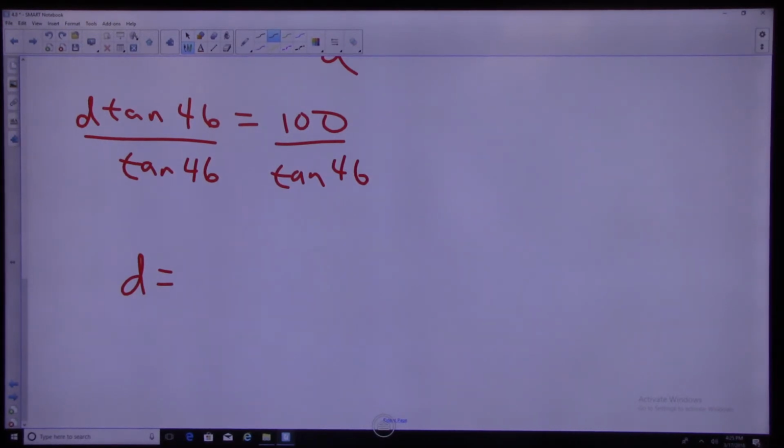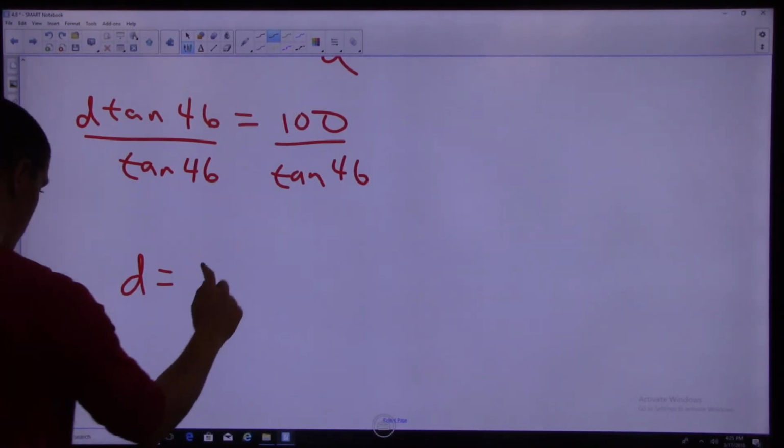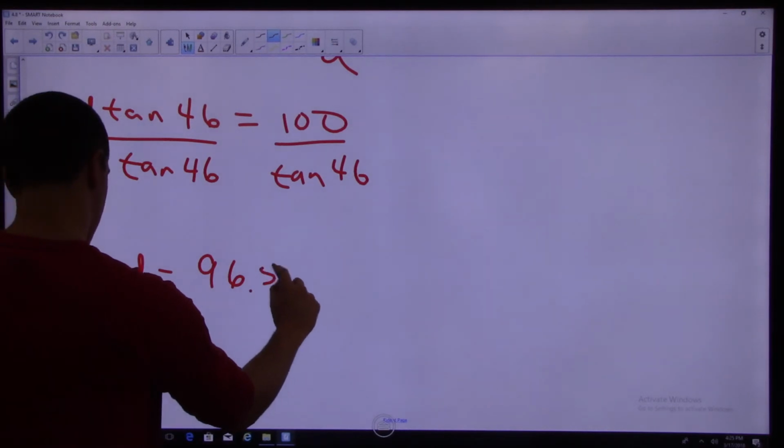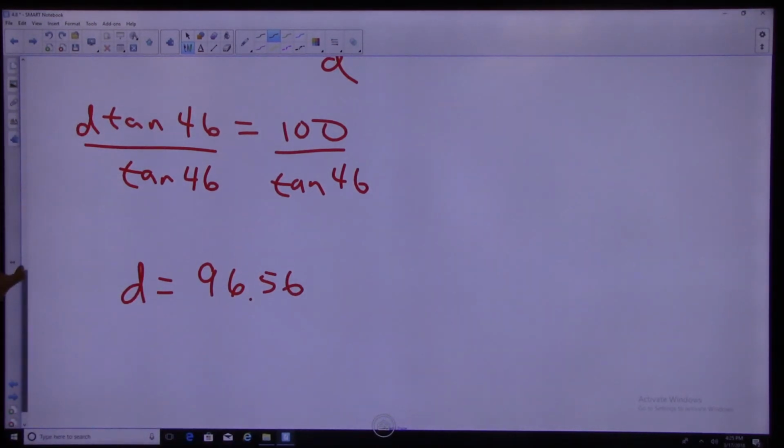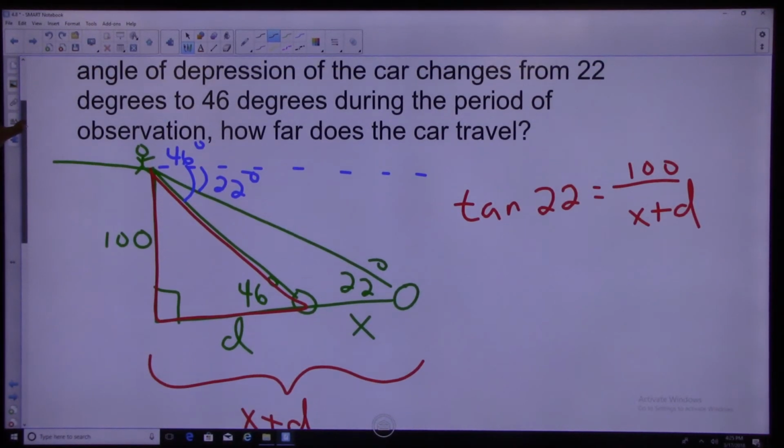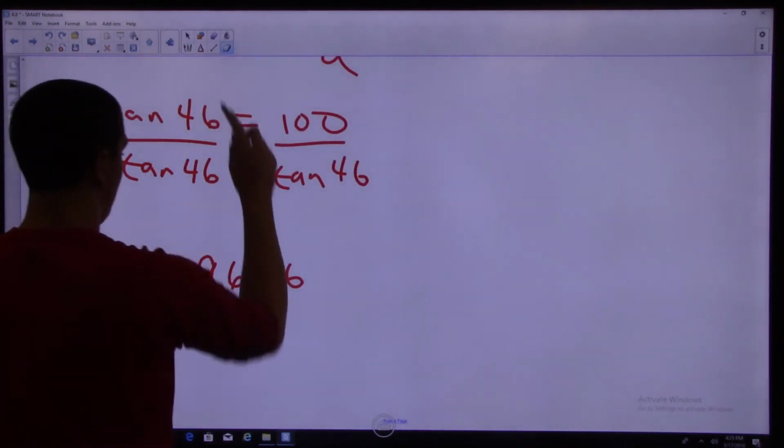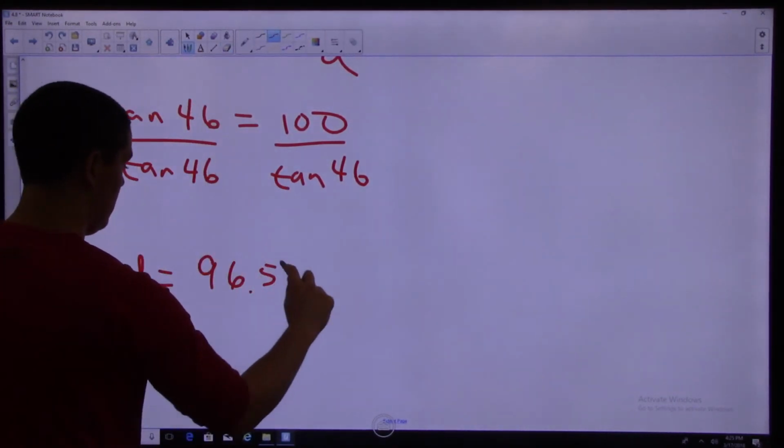You guys should be typing this in on your calculators. So we got 100 divided by tan 46. Make sure your calculator's in degree mode, and you get 96.57.